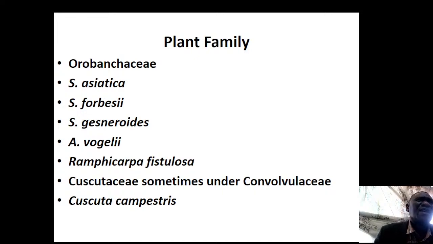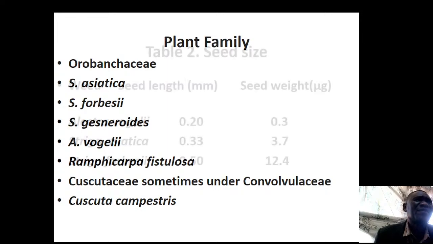Then we have another plant family, the Cuscutaceae, sometimes referred to as the Convolvulaceae. This is where we find Cuscuta campestris. Cuscuta is the shoot parasite, which is a current problem when you are growing lucerne in some parts of this country, Zimbabwe.